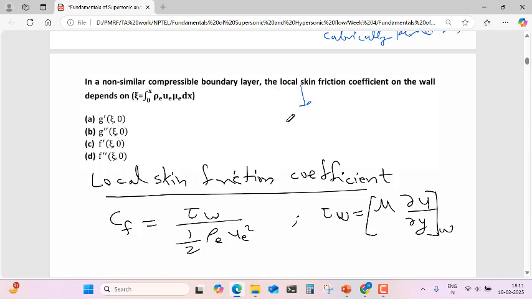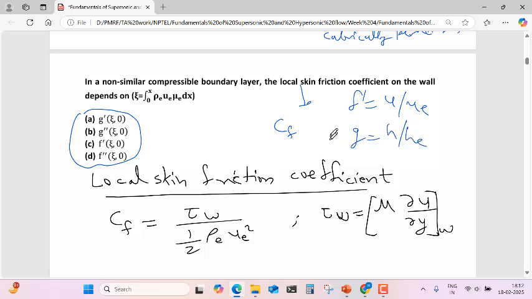Local skin friction coefficient is Cf. So it will depend on what? F dash is nothing but u upon Ue and G is H upon He. In which of these terms will it depend?